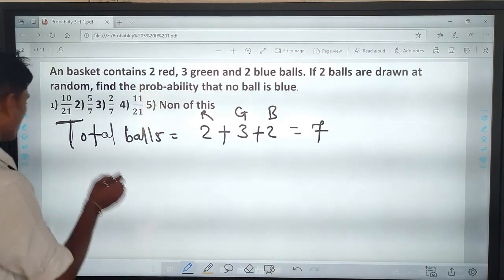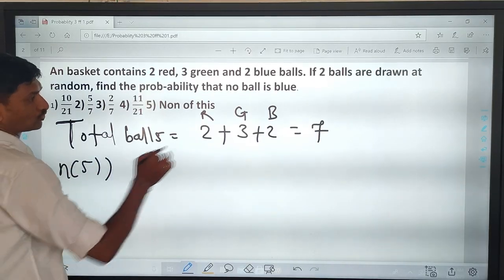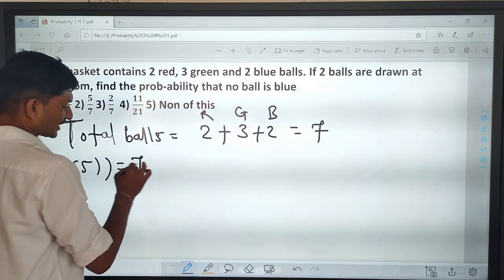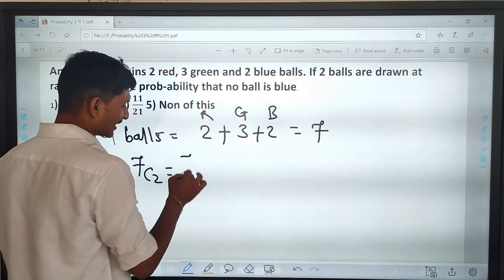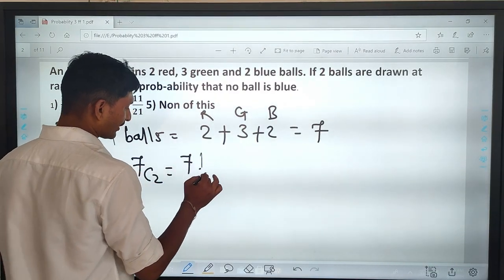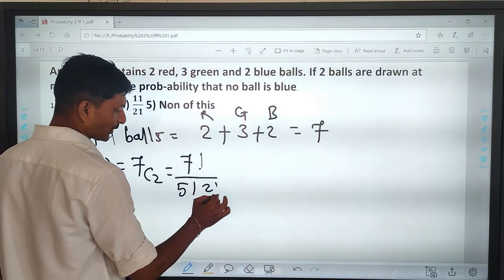Then sample space n of S is equal to, out of 7 balls, 2 balls are drawn randomly. Then 7C2, that is 7 factorial divided by (7 minus 2) factorial, 5 factorial into 2 factorial.